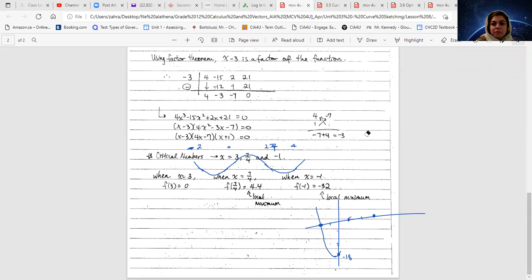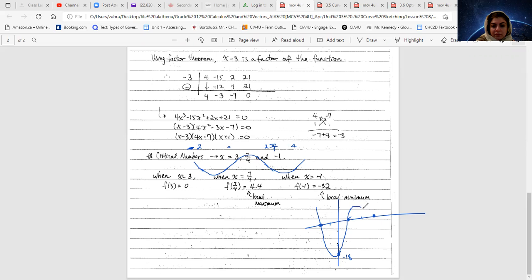So as you see, f of 3 is 0. That one is not a maximum. And at 7/4, we have a local maximum. So we go through this, and here we have the maximum at 7/4.